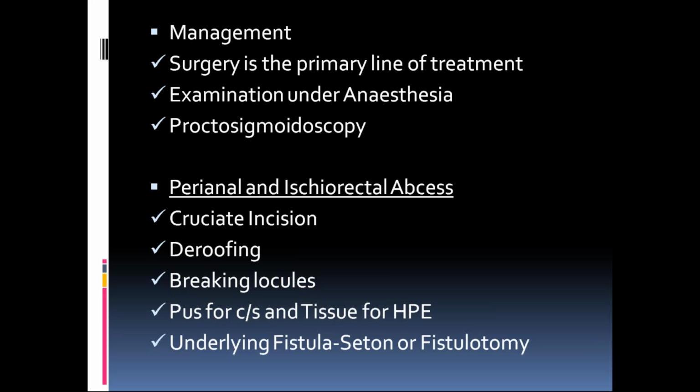The pus which has drained out is sent for culture and sensitivity. You will also take some tissue from the abscess wall for histopathological examination. Necrotic tissue will also be there over the walls of the abscess cavity.